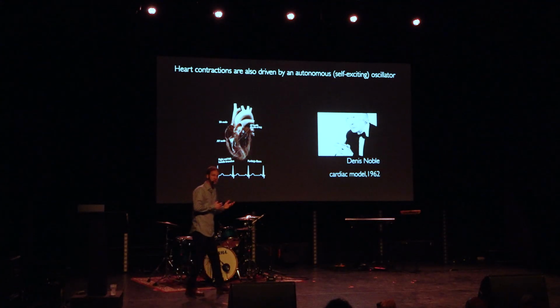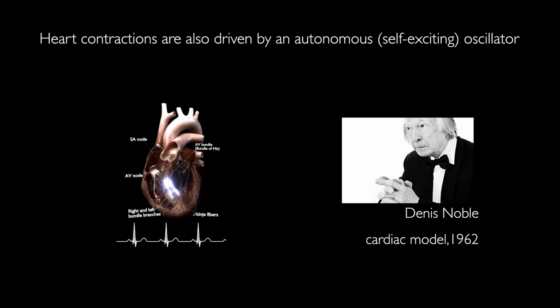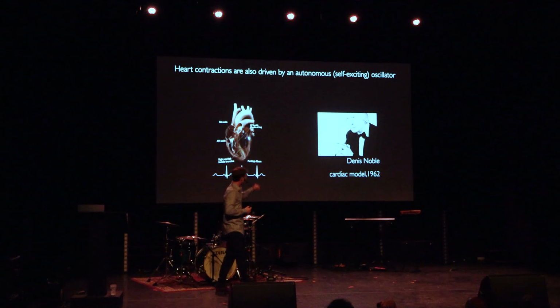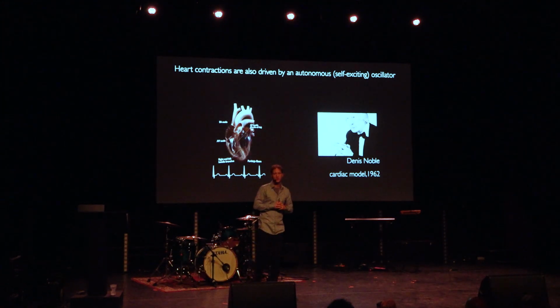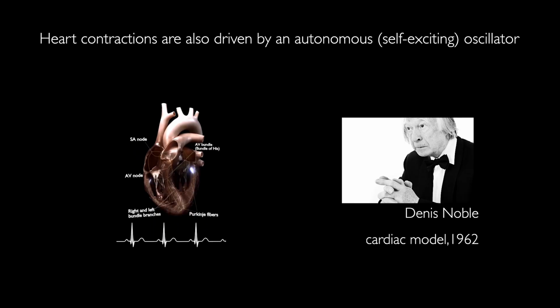You can compare it with another biological oscillator, one that you are likely more familiar with: our heartbeat. It has a similar periodic signal that is contracting our heart. And the person who described the first model for these cardiac rhythms is Dennis Noble in the 1960s. And this is the person who wrote the Music of Life book, which I showed you before.